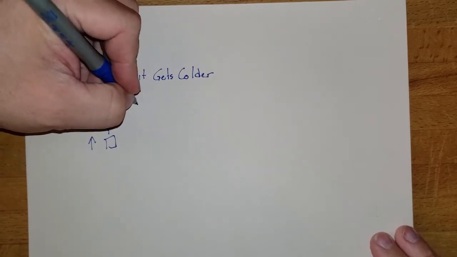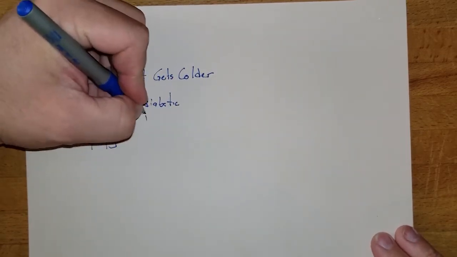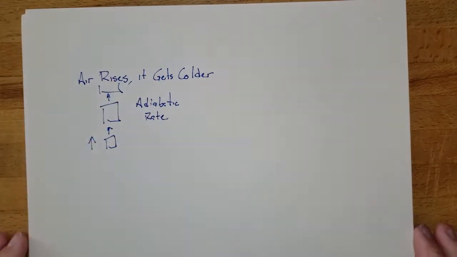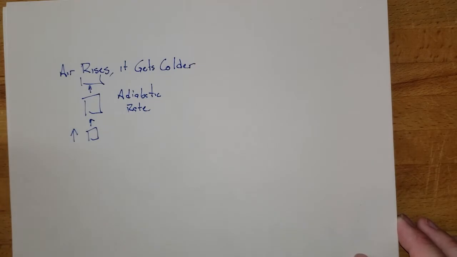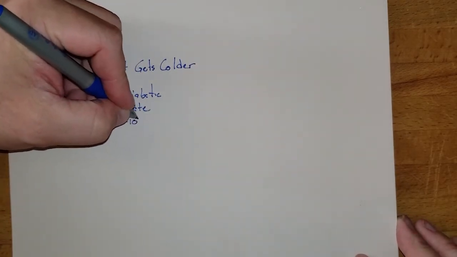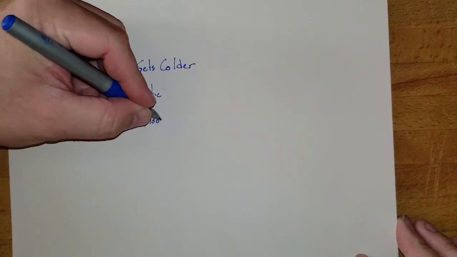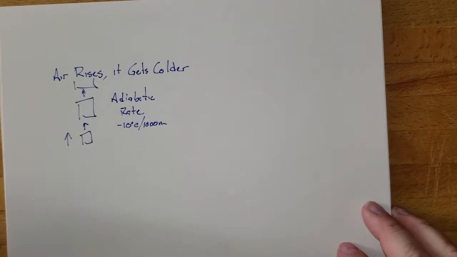We call this our adiabatic rate. If our relative humidity is low, then that dry adiabatic rate is going to be negative 10 degrees Celsius per 1,000 meters. As an air parcel comes back down, it warms by compression, and we can talk more about that in another presentation. Okay, so our air is getting colder.